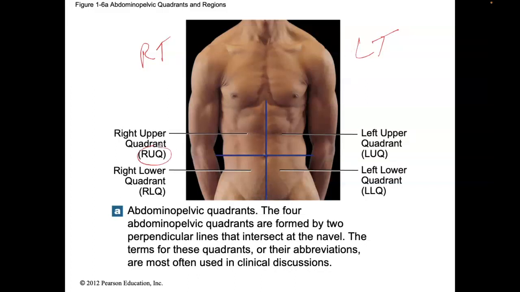So this is the right upper quadrant, and this is the right lower quadrant. This is the left upper quadrant and the left lower quadrant. And we're going to have different organs found in different quadrants. Now over here, notice we have the clavicle. Whenever we draw a line straight up that separates the body into a left and a right half, you'll hear the word sagittal.